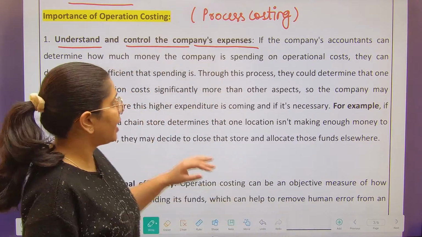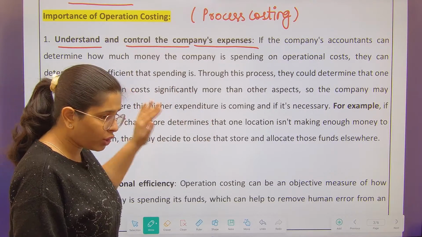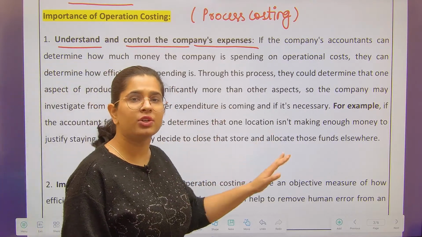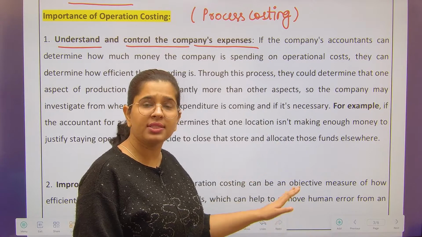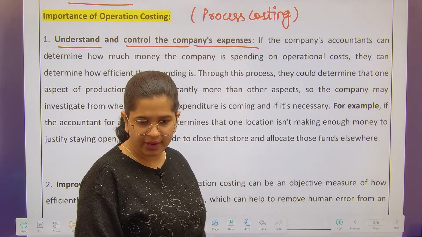Correct. So if I am writing this particular thing over here, I want you to understand that this importance will be applicable on every type of costing, whatever you may read.